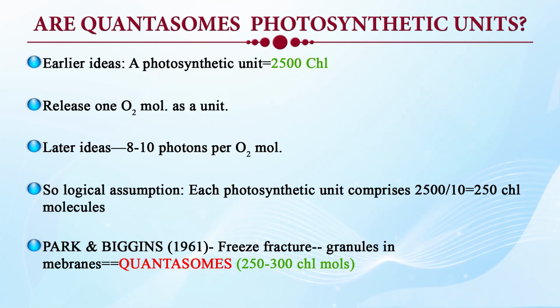But now this concept seems to be pretty unconvincing, because we find that it is not only chlorophyll molecules, there is a cooperation of so many molecules which are there together. So, the quantasome concept is now gone, and instead we are now talking about the light harvesting complex.